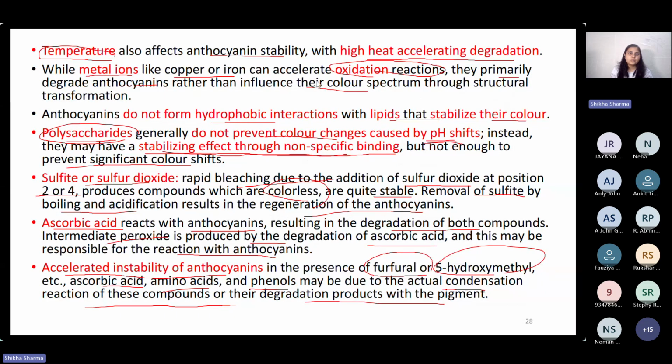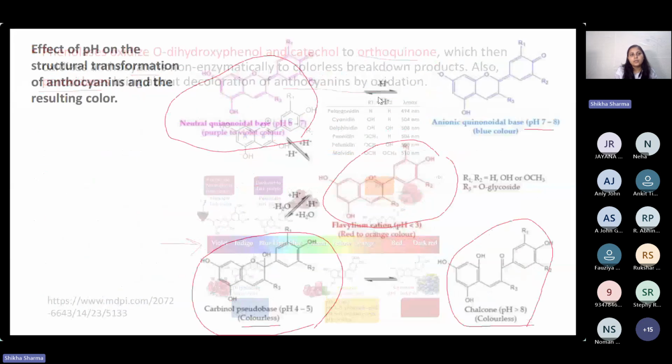It can accelerate the oxidation reactions, and the anthocyanin compound itself may degrade rather than influence its color spectrum. So the color spectrum change through structural transformation is not there, but the anthocyanin compound itself will degrade here.